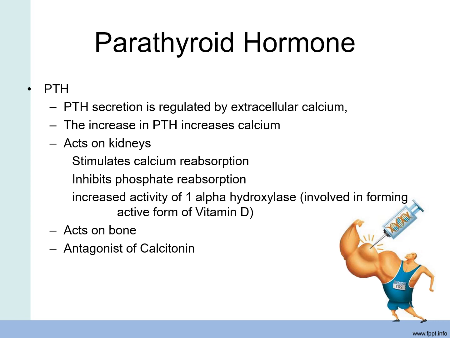It acts on our kidneys by stimulating calcium reabsorption, inhibiting phosphate reabsorption, and it helps increase the activity of 1-alpha hydroxylase, and that's involved in forming the active form of vitamin D. It also acts on the bone, and our parathyroid hormone is an antagonist of calcitonin. So we saw calcitonin was released by the thyroid gland when our calcium levels are high, and when our calcium levels are low, our parathyroid gland releases the parathyroid hormone.